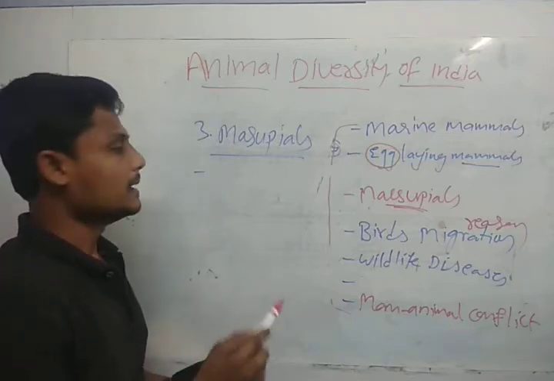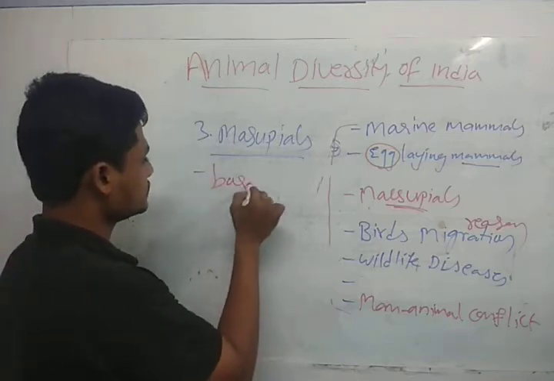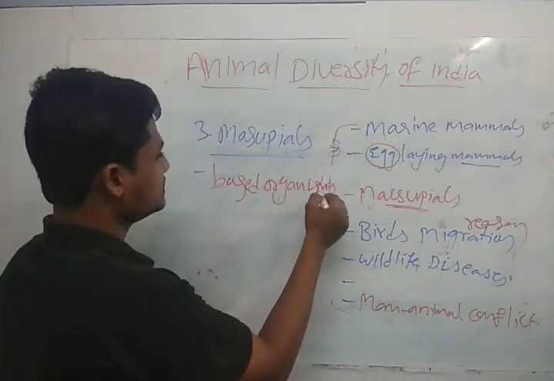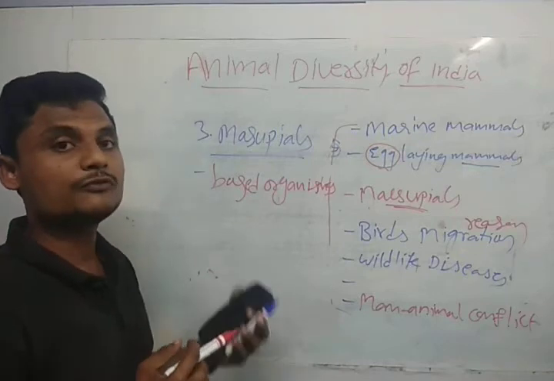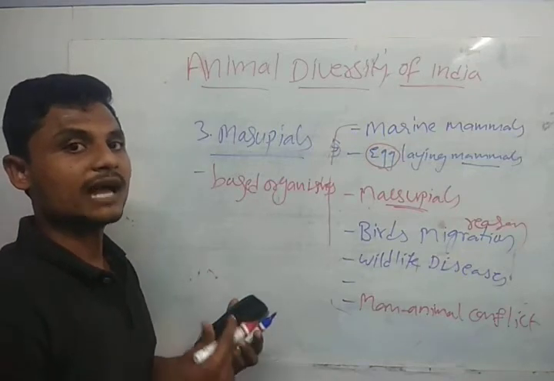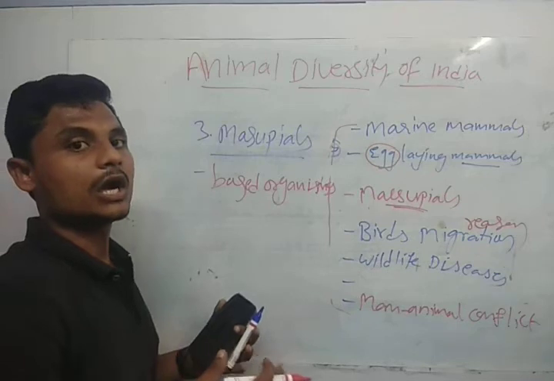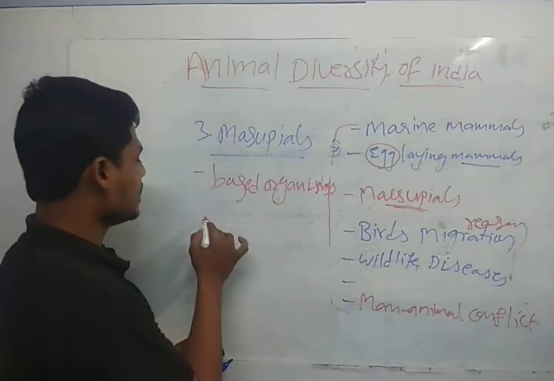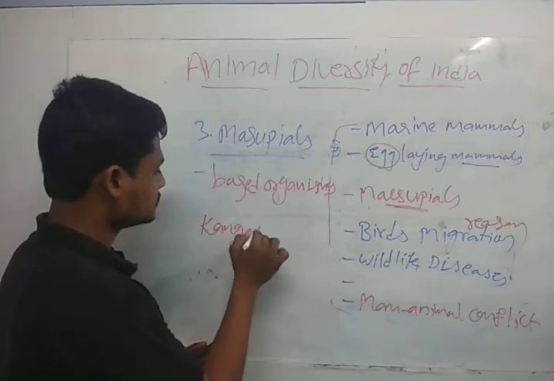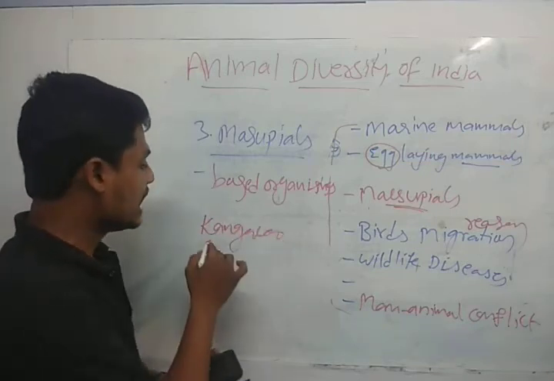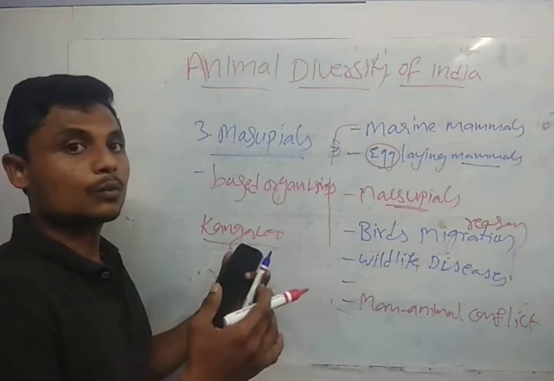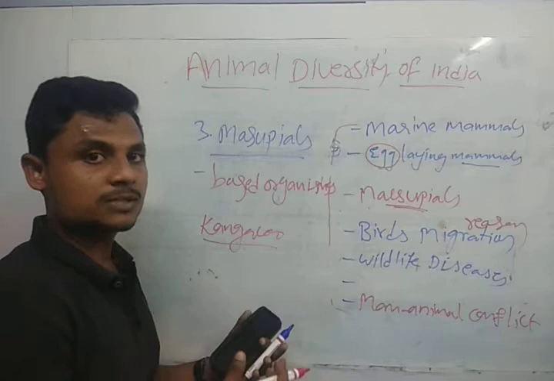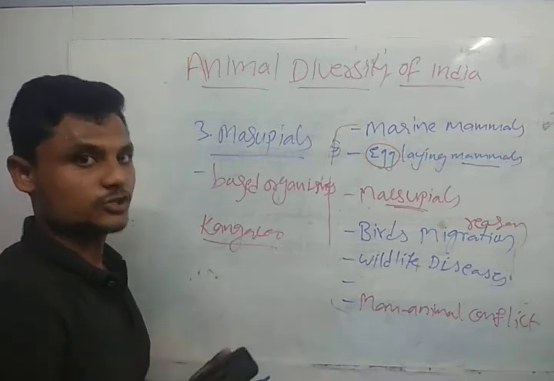These are a group of organisms which have a covering pouch. If we see the examples, we have the kangaroo. The kangaroo has the covering part, that is a pouch-like structure.